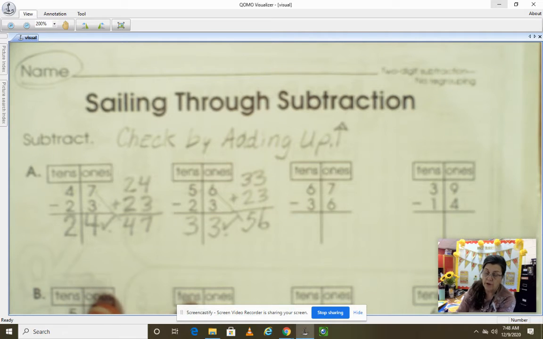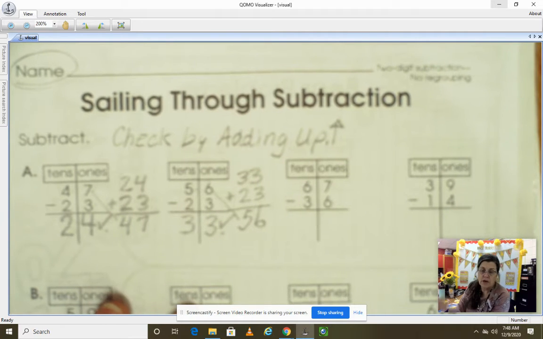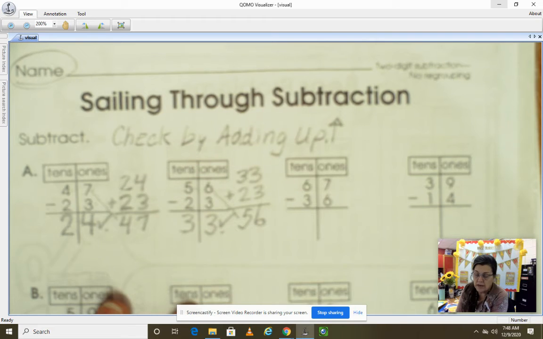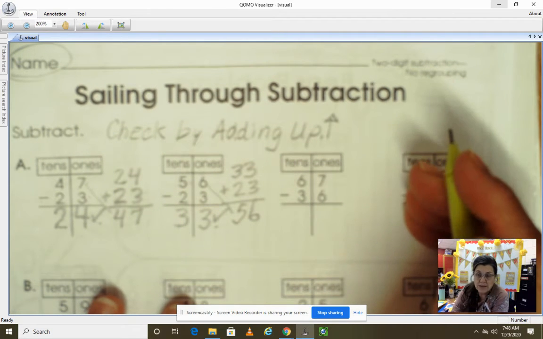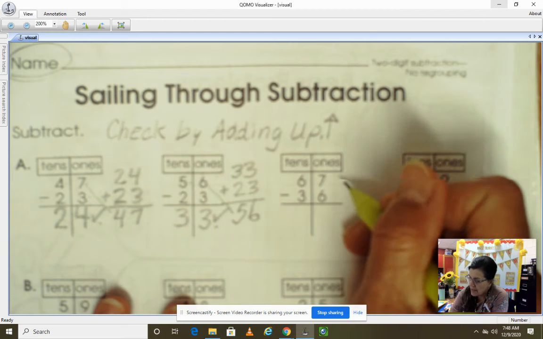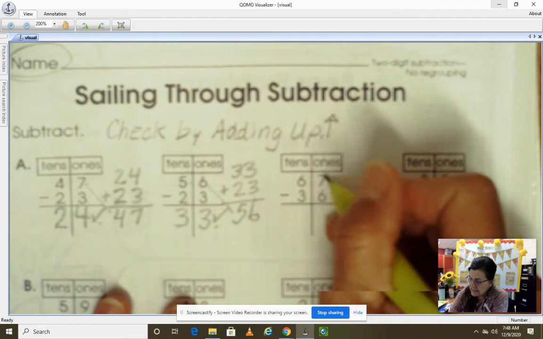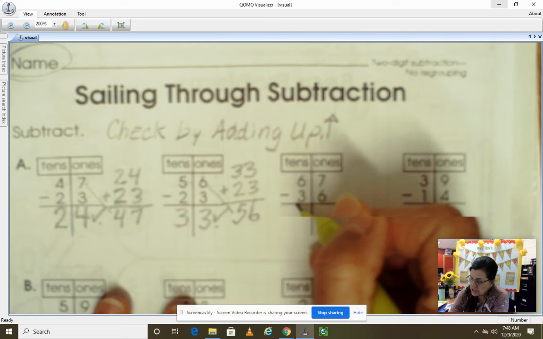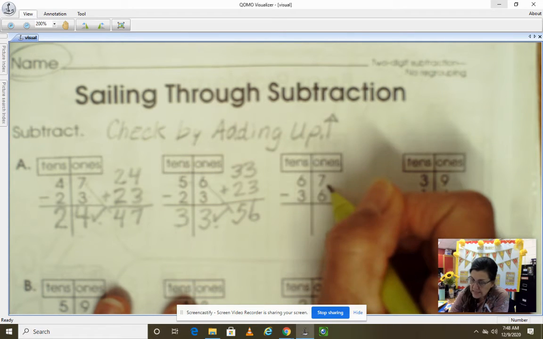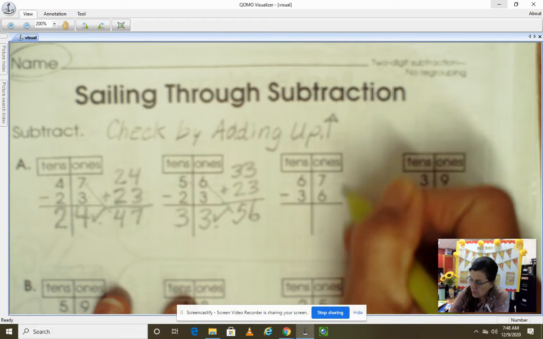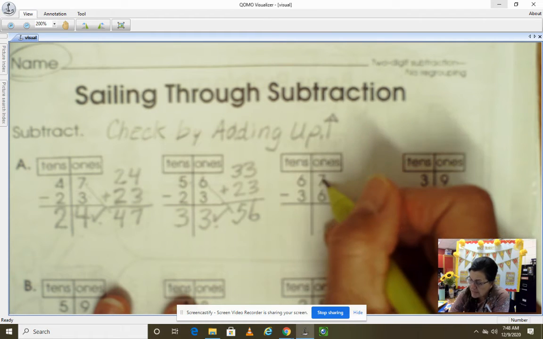Now, some of you may be very fluent with your subtraction facts. I put together a little Jack Hartman slideshow for you to practice so we can get more fluent, okay? Again, I have 67 minus 36, so I'm going to subtract 36 from 67. I start in my ones place, 6 from 7.